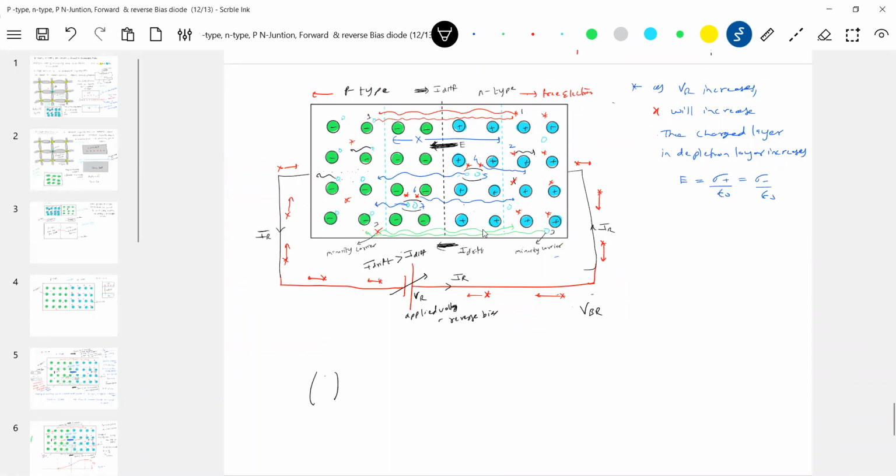This particular breakdown occurs due to thermal agitation. Due to thermal agitation, breakdown occurs.